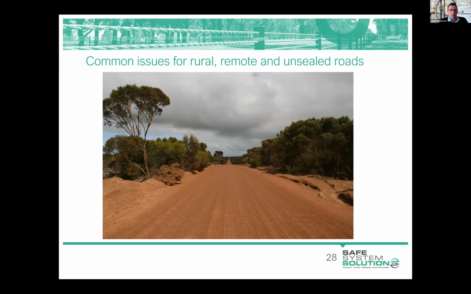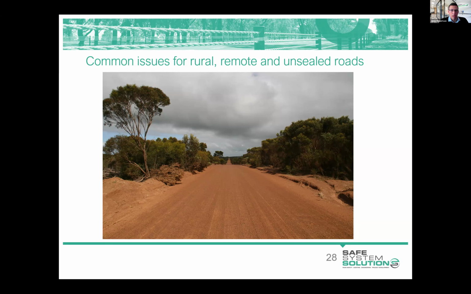We see a really disproportionately high number of crashes based on vehicle kilometres travelled on these types of roads. And issues, for the most part, occur where something changes, something out of the ordinary happens, that we could perhaps alert motorists to in a fairly cheap and easy way.